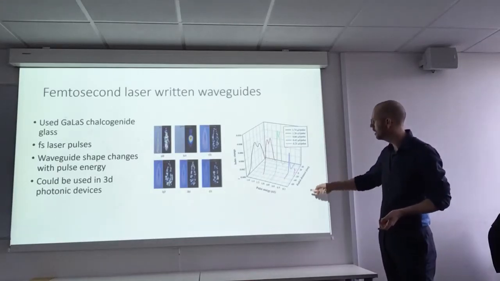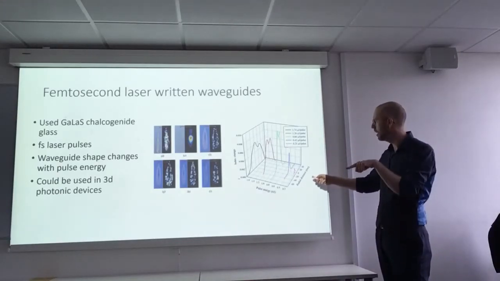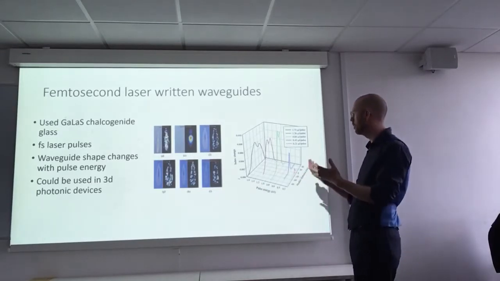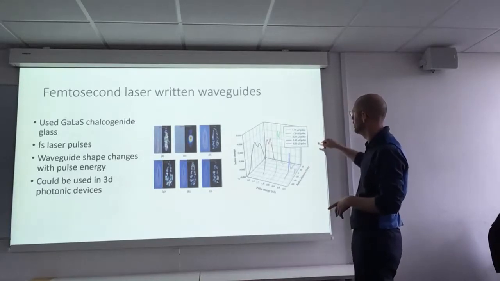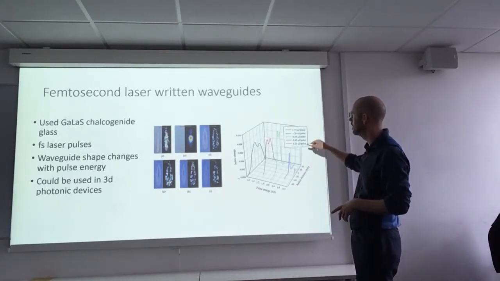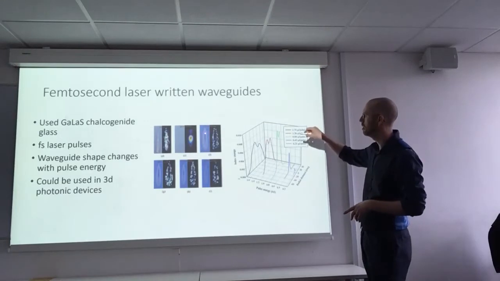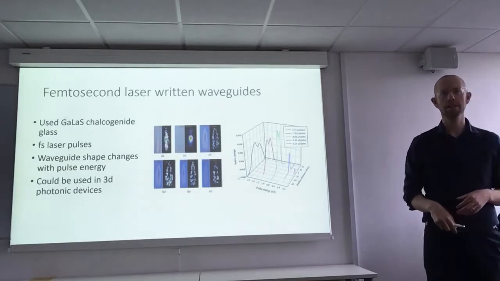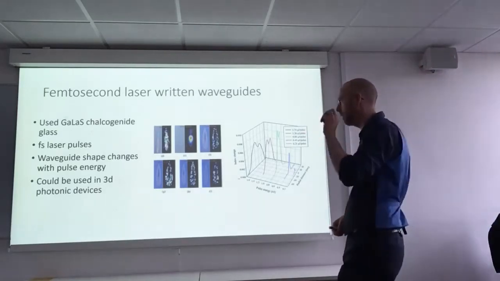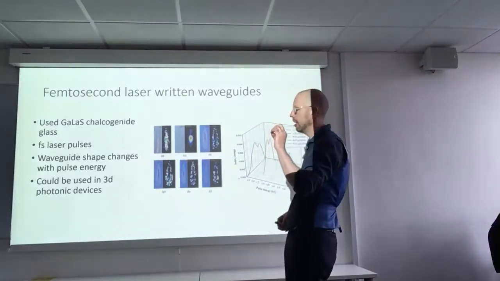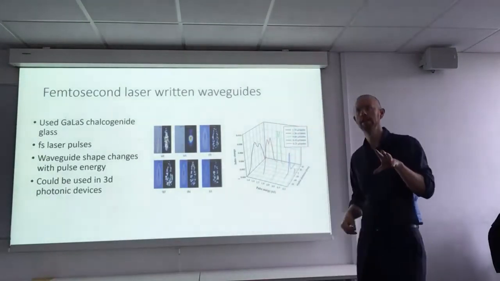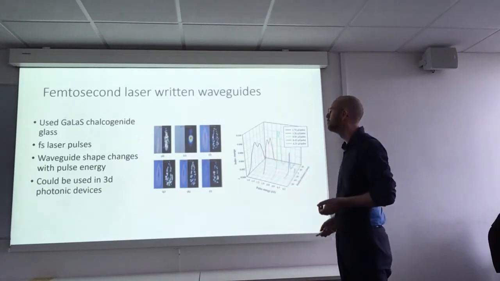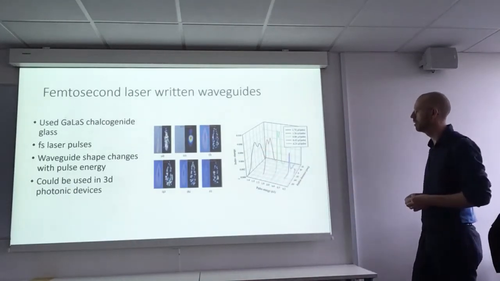For low pulse energies, you get a little positive index, and then as we increase the pulse energy to make these waveguides, we get this funny two-peak shape. So we've got this dip in the middle, which is just this part. What I think that is, is where we've actually vaporized the glass. So we've made a tiny explosion, if you like, in the glass, and it's actually resulted in negative refractive index there. That's when we get the really high pulse energies.